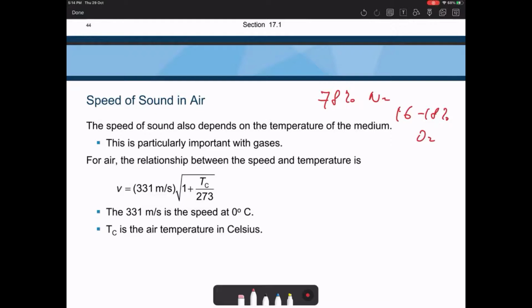So the speed of the sound in air depends on the temperature as well as the composition. In particular, for air, the speed of sound is determined by the equation like this. There are ways to derive it, but that is far beyond the current level of understanding for this course.